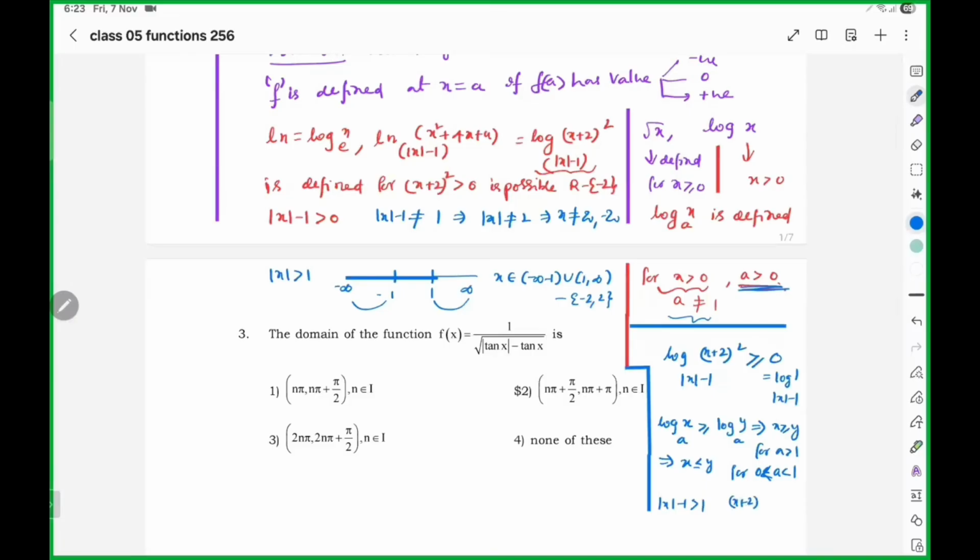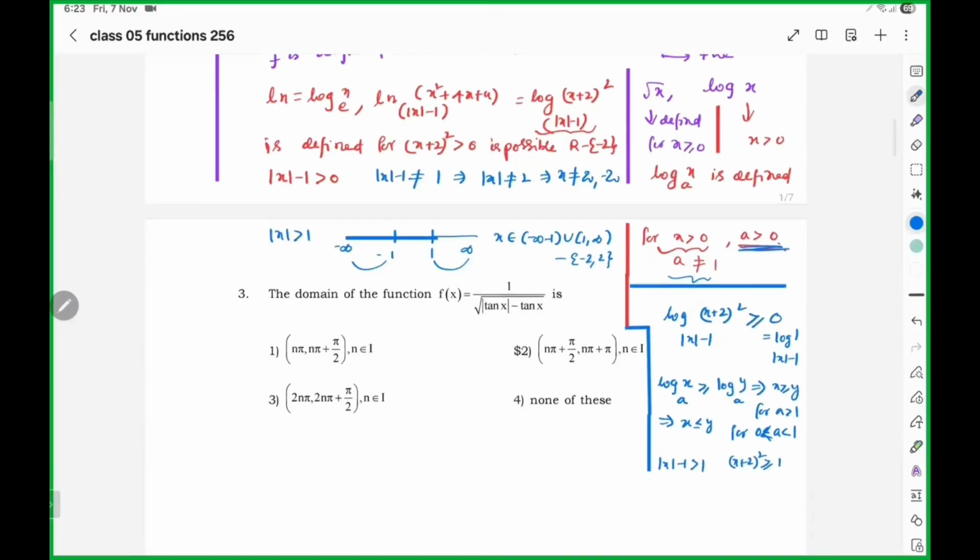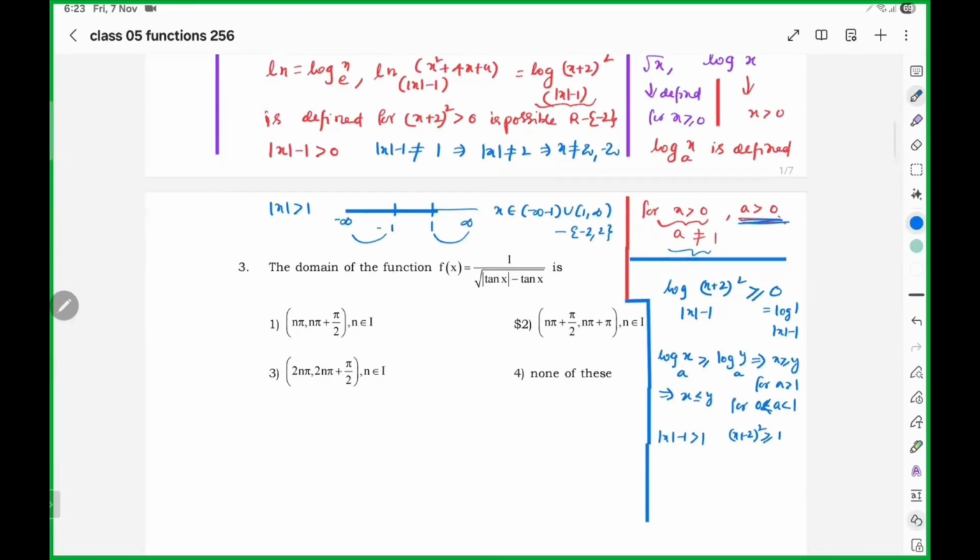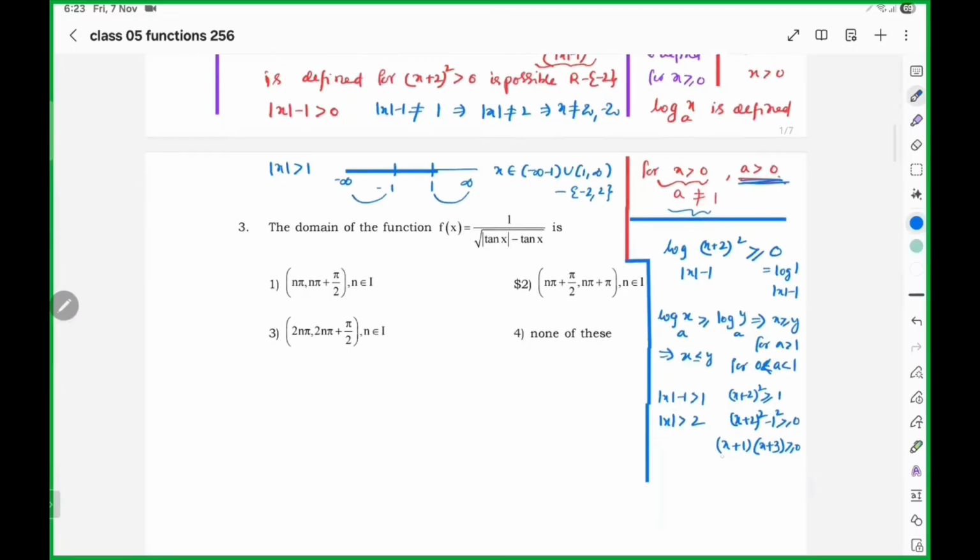x plus 2 whole square is greater than or equal to 1. Here mod x should be greater than 2. x plus 2 whole square minus 1 square is greater than 0. It is x plus 2 minus 1, x plus 2 plus 1, it should be greater than 0. So for this inequality, x should be less than minus 3 or x should be more than minus 1.